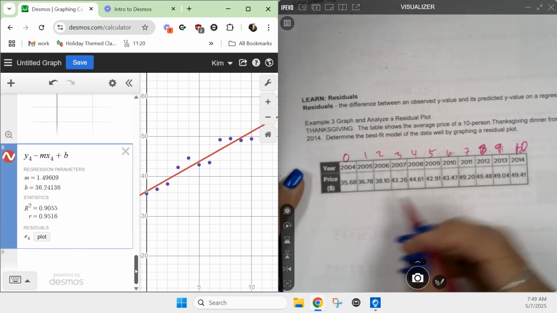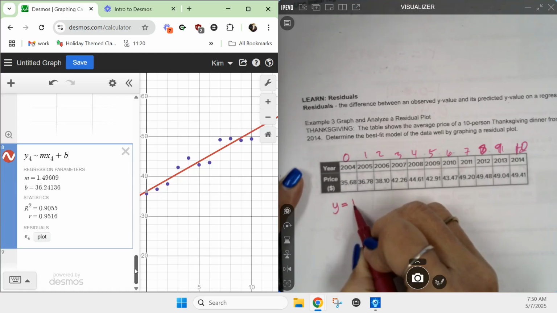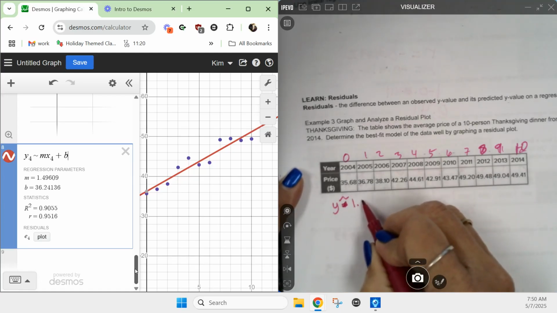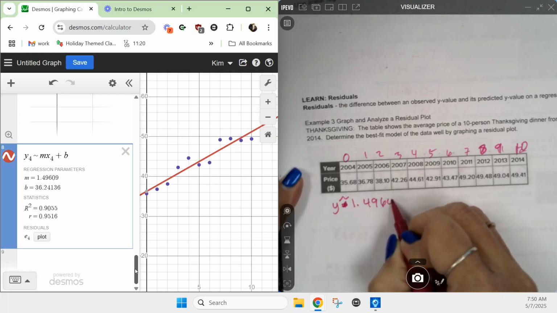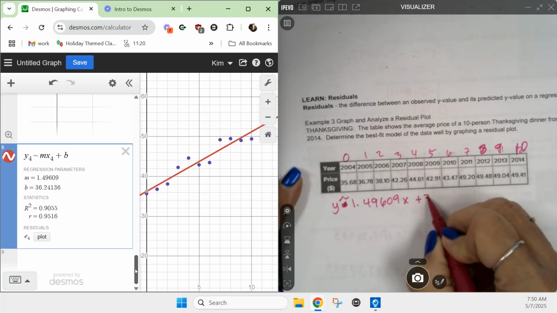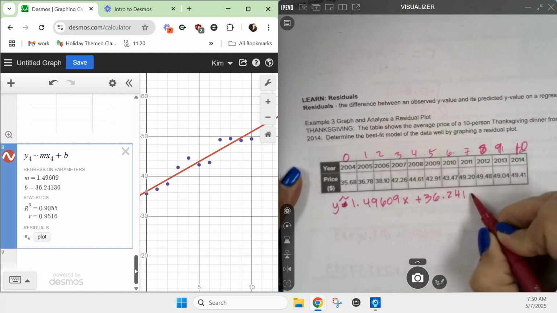So my equation is y equals, I should actually be doing approximately, 1.49609x plus 36.24136.